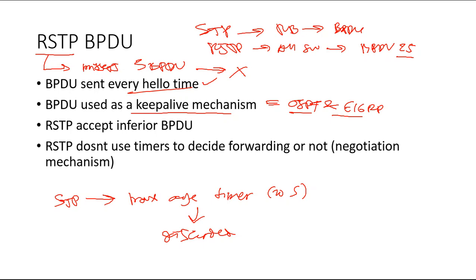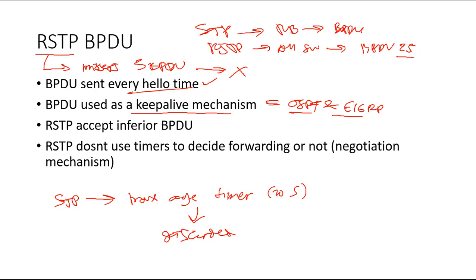The transition speed, or convergence speed, is the most important feature of rapid spanning tree. The classic spanning tree had to walk through the listening and learning states before it would move an interface to the forwarding state. This took 30 seconds with the default timers.